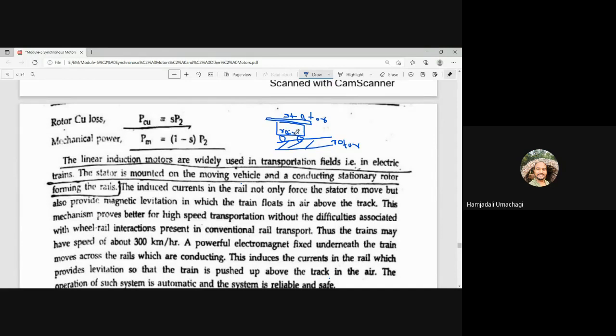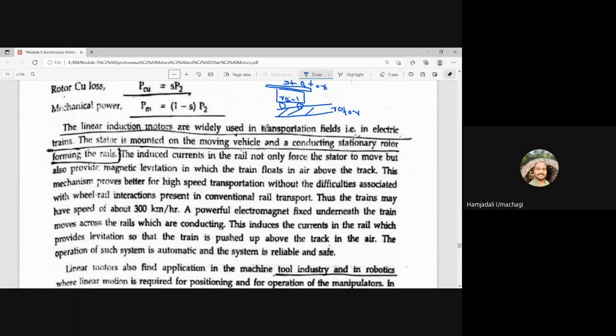Okay, then a powerful electromagnet fixed underneath the train moves across the rails which are conducting. So here what is going to happen? We are going to place the electromagnet fixed underneath the train across the rails which are conducting. There will be some electromagnets fixed underneath the train, and all those electromagnets are conducting. For having magnetic levitation, we are going to place strong powerful electromagnets underneath.